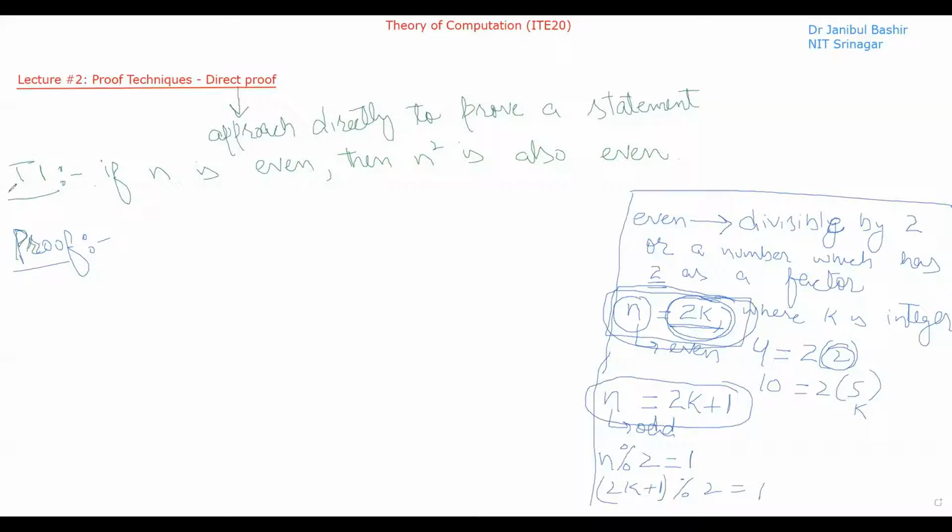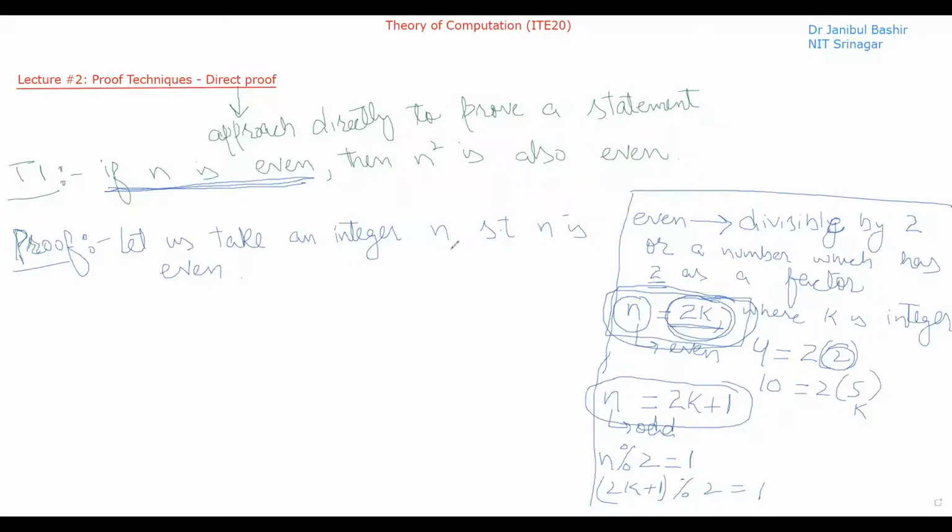Now, in this particular theorem, we are told that if n is even, then n square is also even. We have to prove this. Let's take this statement as true. Let's take an integer n such that n is even.